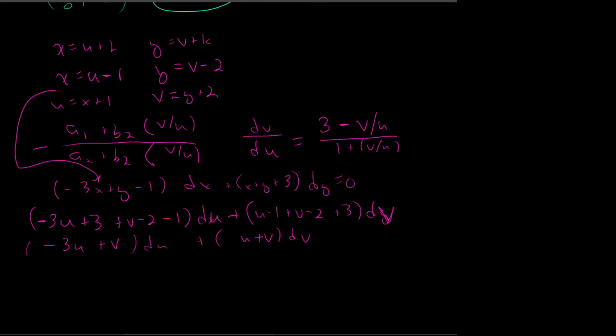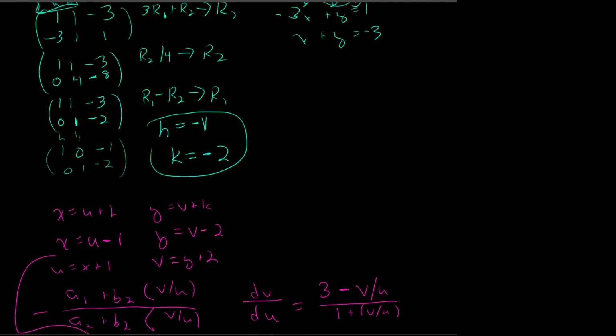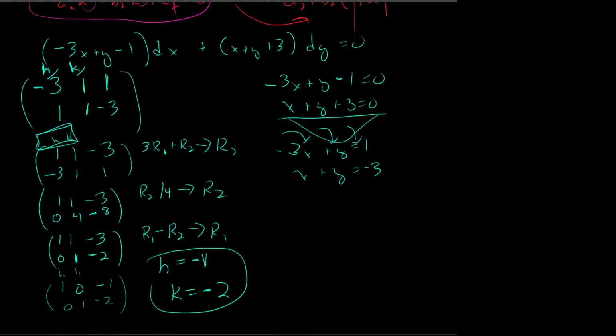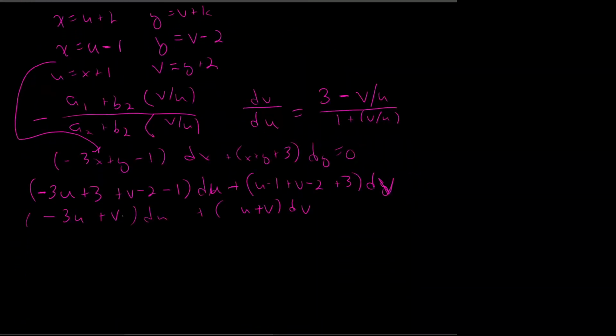And so when we solve that linear system, we solve it in a way that the constant terms go away. So this linear solution to the system of these two equations, when we solve this and get the h and k, we've eliminated the c constants. And that's what we get here, negative 3u plus v du.